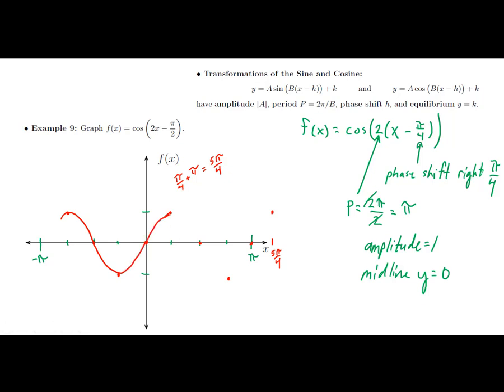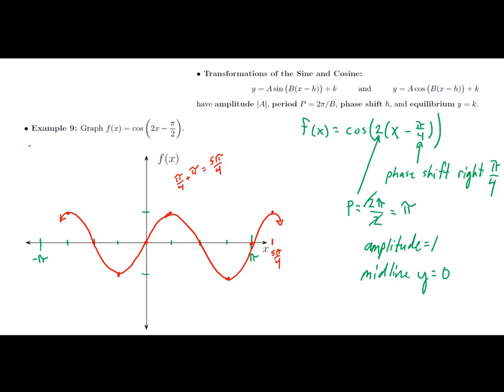Now, as soon as I'm done sketching this, I want to show one other way of thinking through this phase shift, just in case you want an alternate way besides this factoring. You can say to yourself that the starting point for cosine is typically x equals 0.